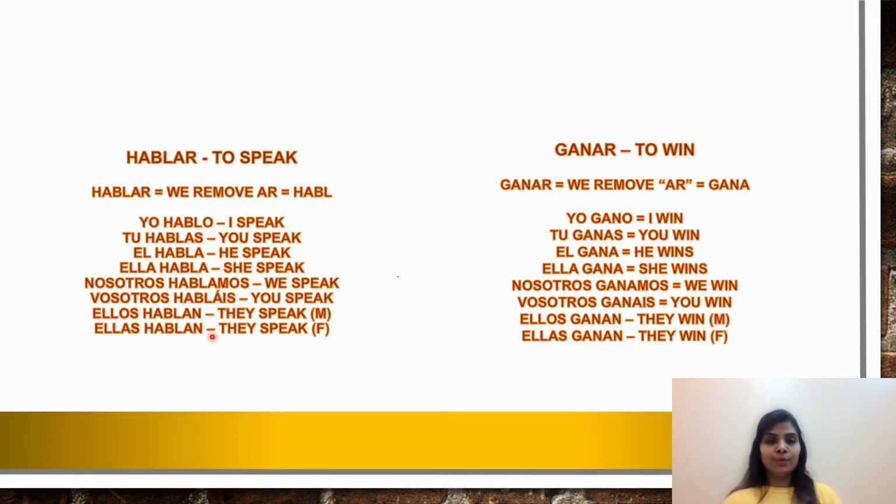So for yo, we use O as the ending. So it is yo hablo, I speak. Tú, the ending is AS. Tú hablas, you speak. For él and ella, the ending will always remain common.